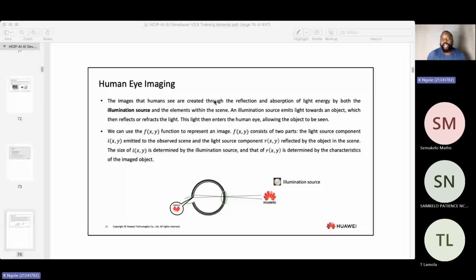The human eye actually works as an imaging device, right? We have things such as the lenses, which focus the light onto the retina. The retina has cells that detect the colors.